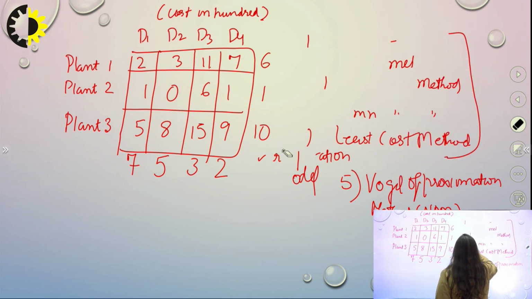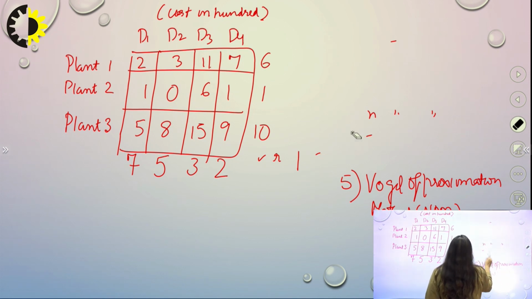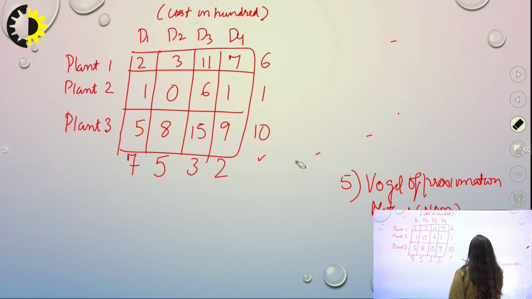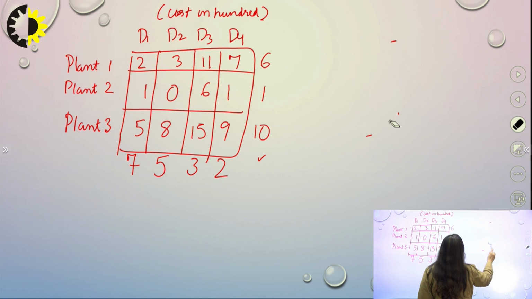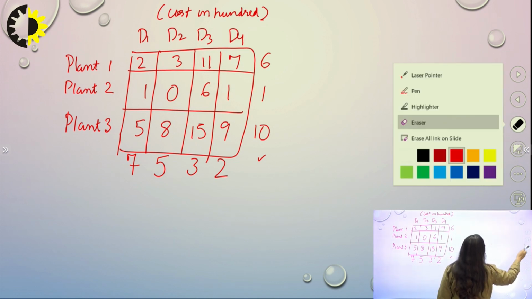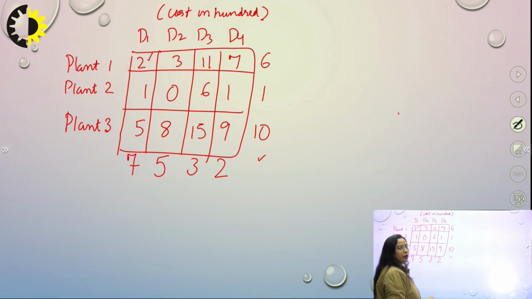In the northwest corner method, for example, this cell with 2 is the northwest corner of the matrix. So, we will start from here.